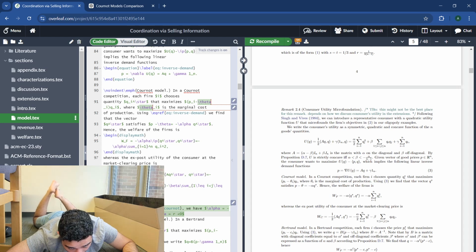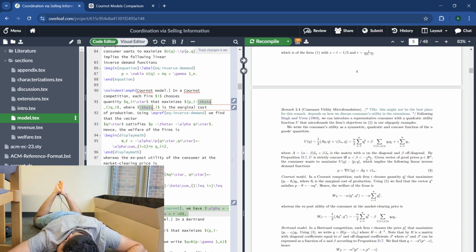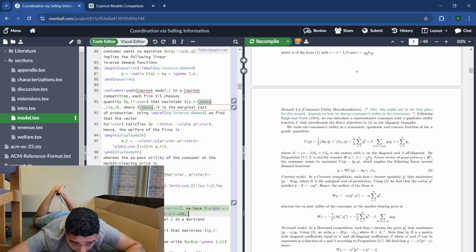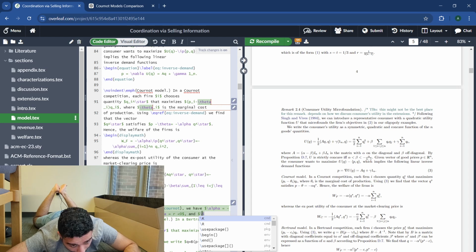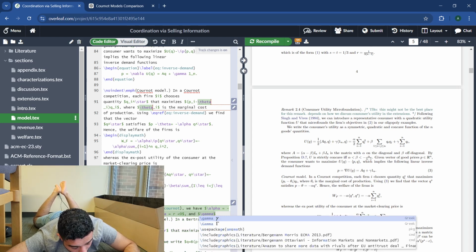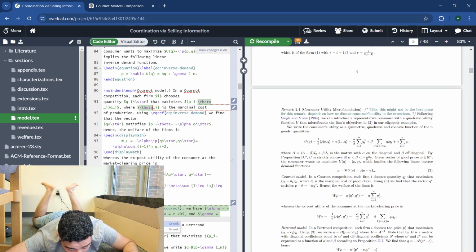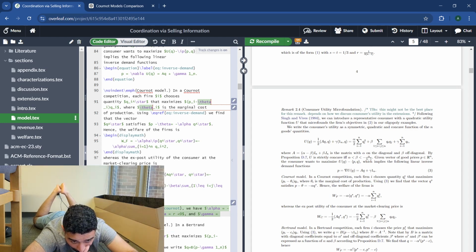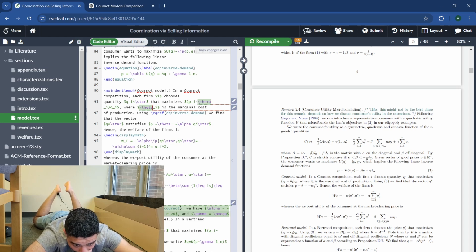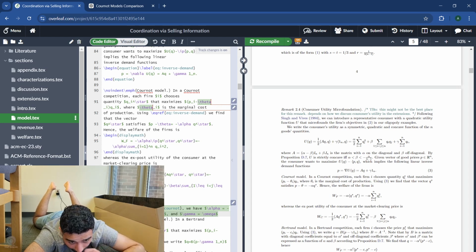Theta is theta and gamma is omega. I like to have less than 0, right?